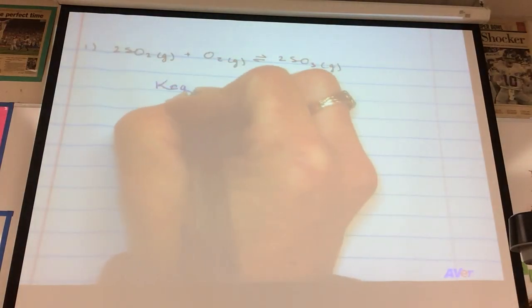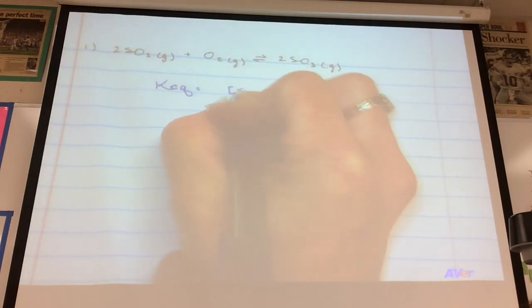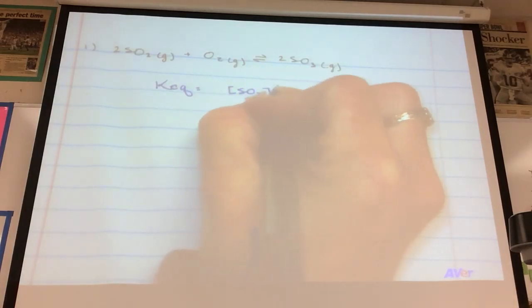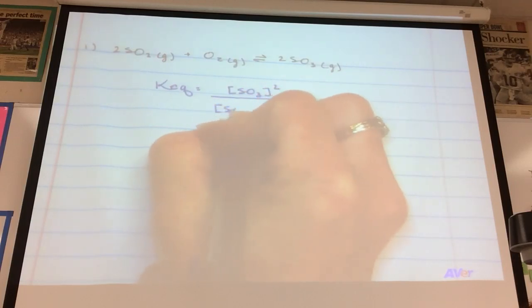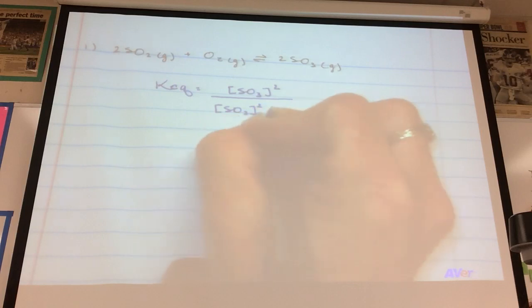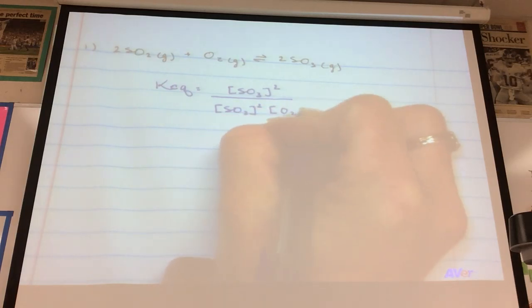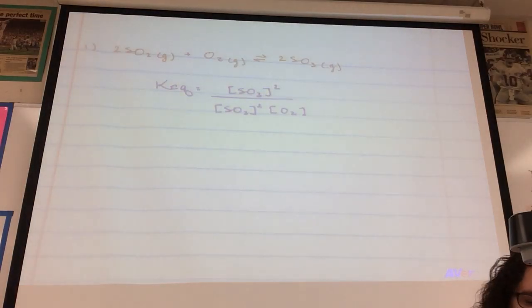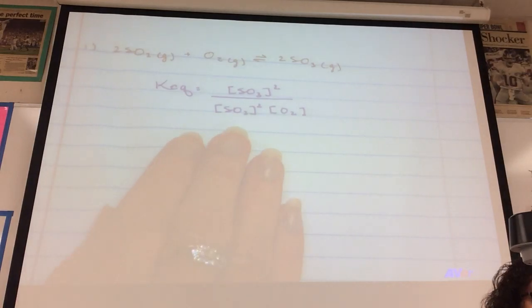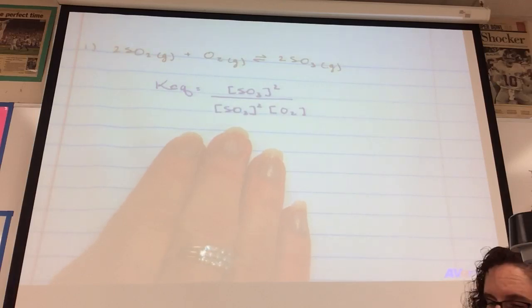That's an E. Product concentration over reactant concentration, each concentration raised to the stoichiometric coefficient. And that is an equilibrium constant expression. You only put gases or aqueous substances in KEQ expressions.